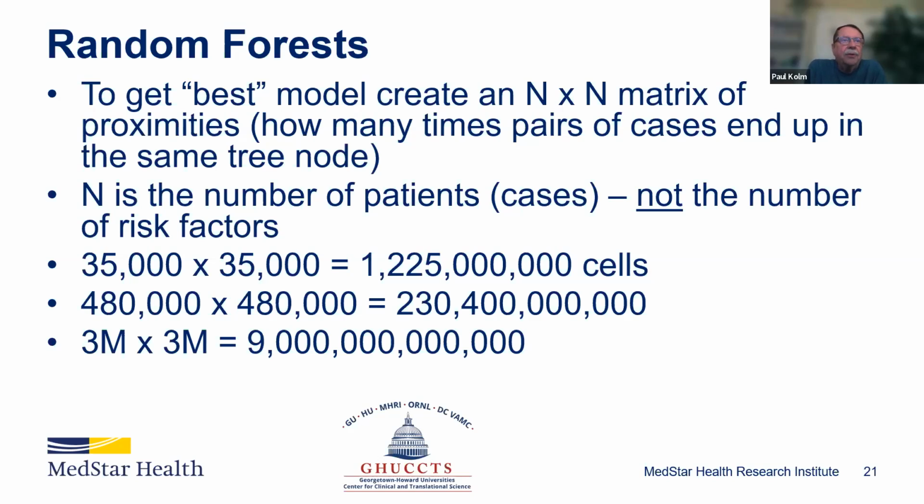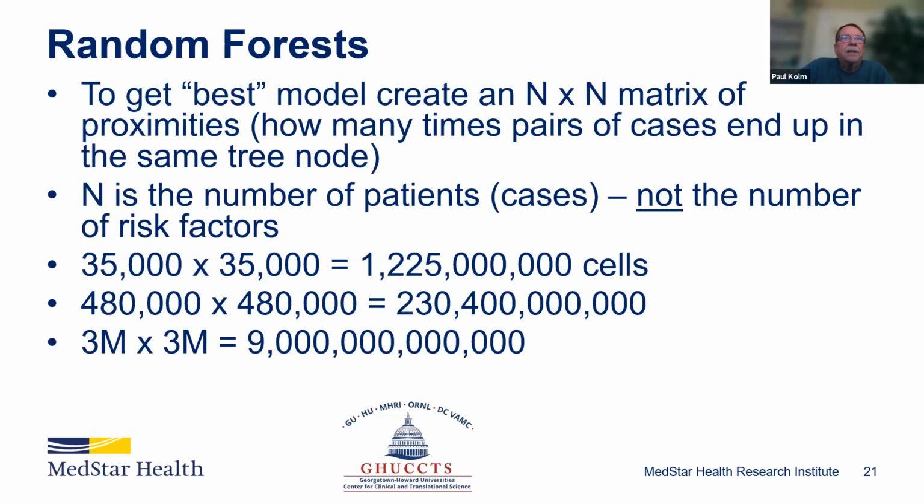If you have like 35,000 in your database, then you get over 1 billion cells to deal with. And if the database gets really large, that's not unlike a lot of databases that you might want to do data mining.